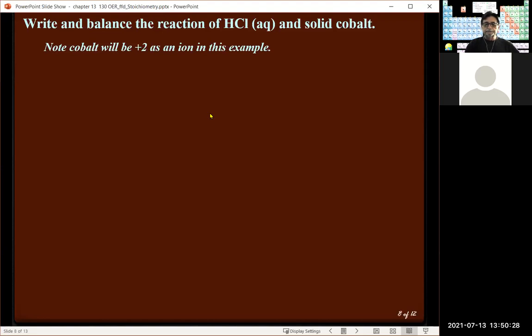Write and balance the reaction of hydrochloric acid and solid cobalt. Okay, well, let's work it out. So we have solid cobalt, Co, plus HCl, hydrochloric acid, aqueous.